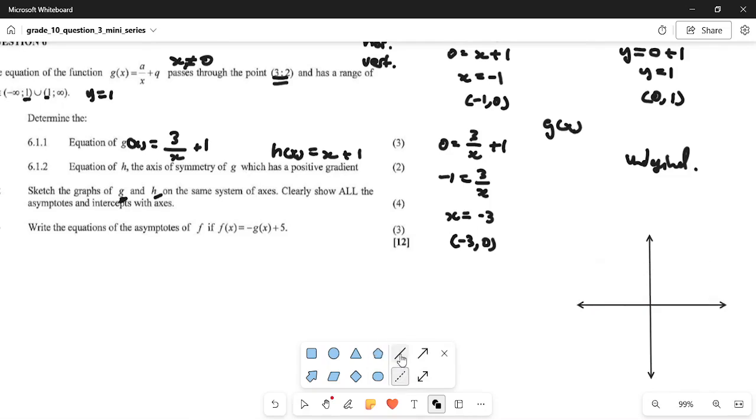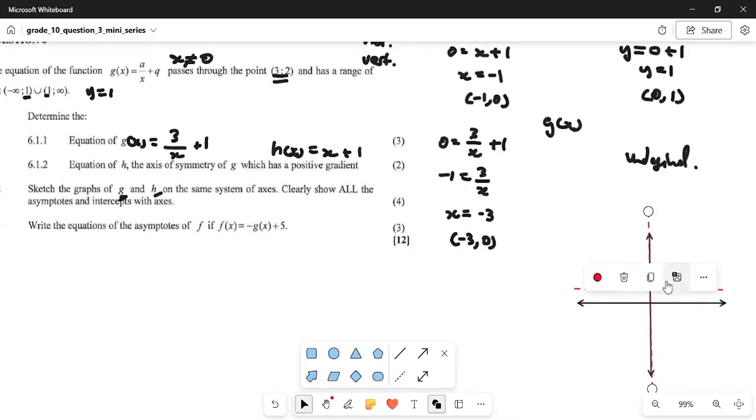And then my asymptotes: I've got the line y equals 1, which should be somewhere there, and let's give that a red color. And then the vertical asymptote, which is the line x equals 0, is directly on top of the y-axis.